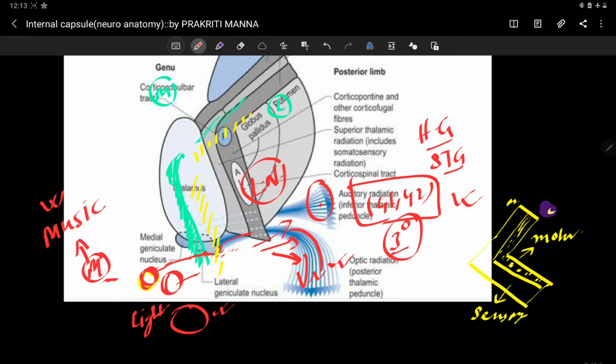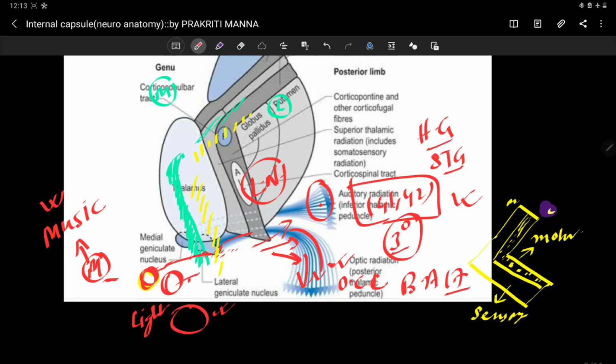And your fibers coming from the lateral geniculate body, those related to the optic pathway, where are they reaching? They are reaching Brodmann area 17, occipital lobe. This is your occipito-visual cortex, also called the calcarine sulcus.